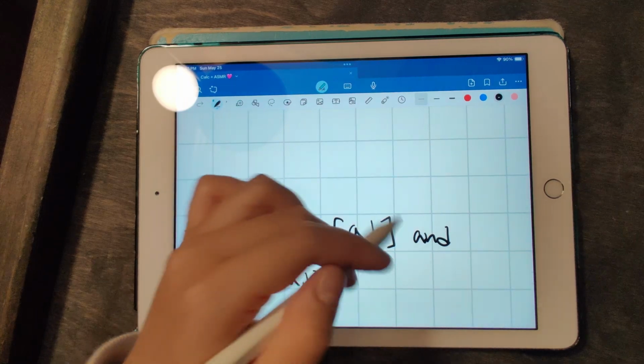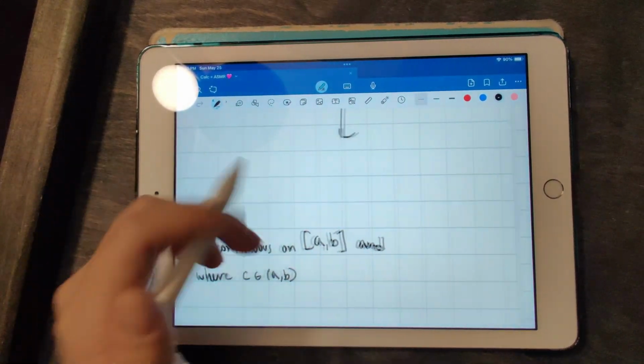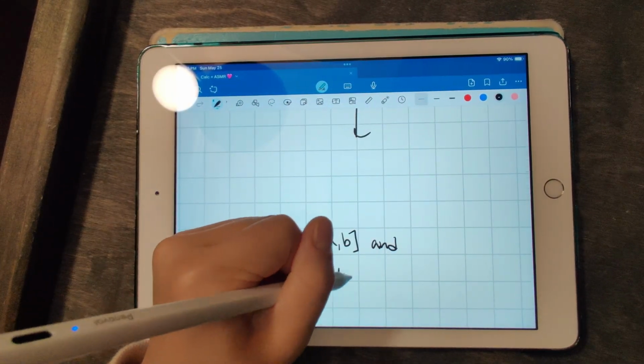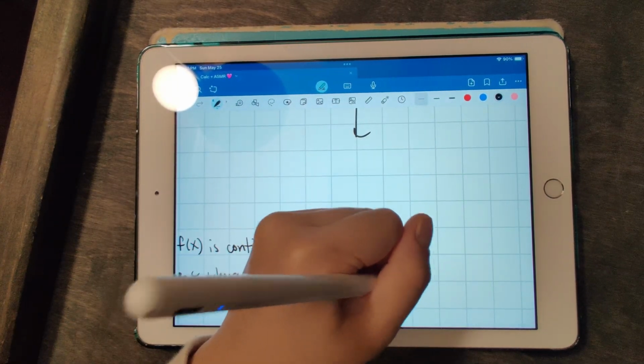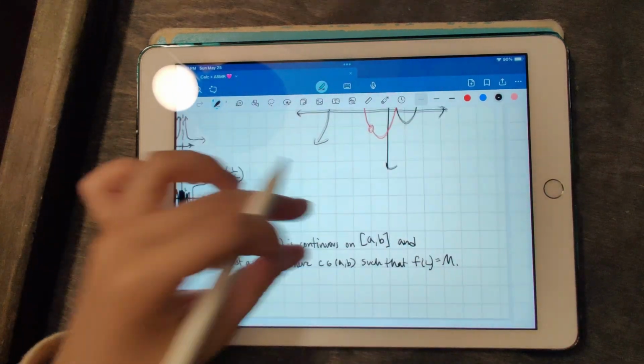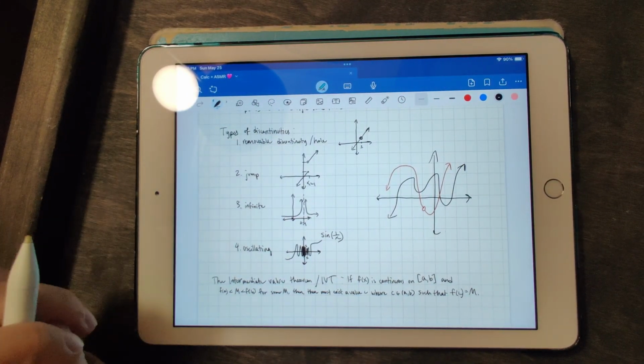So c is between a and b, such that f of c equals m. Let's read that all over again.